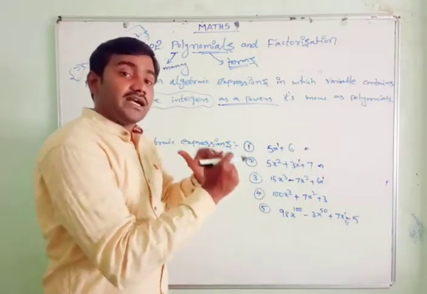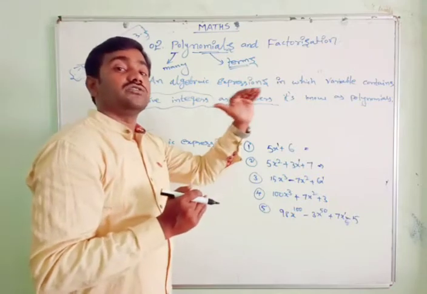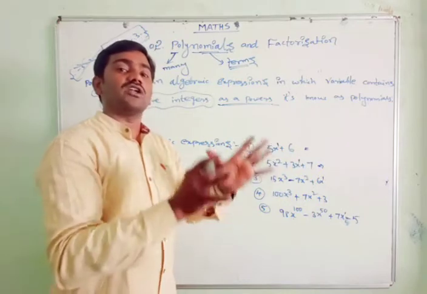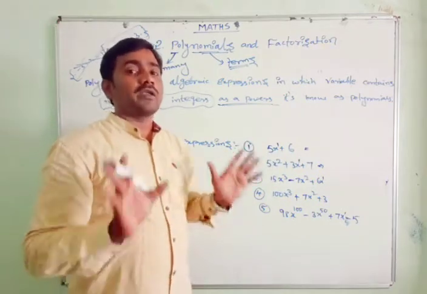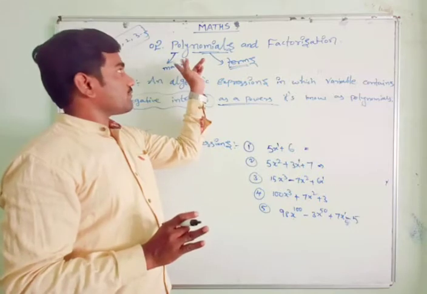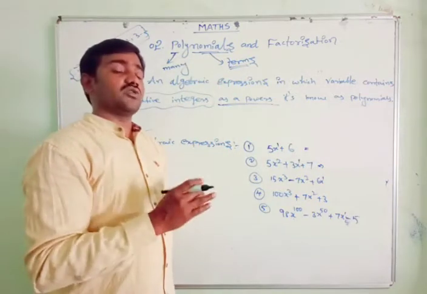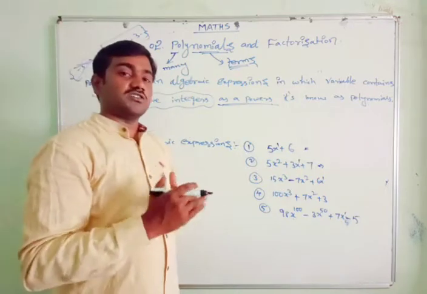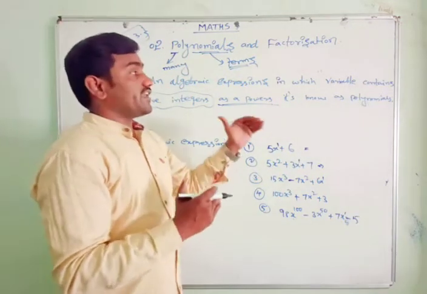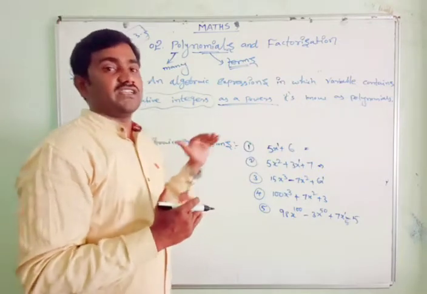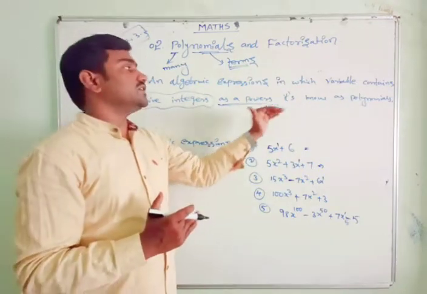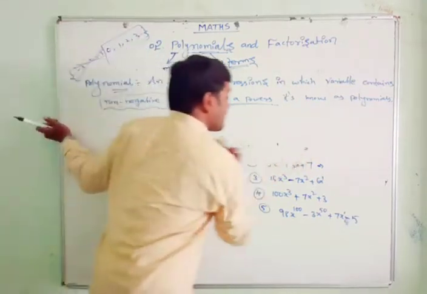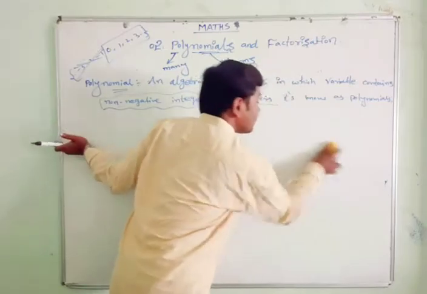If that variable contains non-negative integers as powers, they are known as polynomials, or else they are not. Poly is many, nomial is terms; an expression which contains many terms is known as a polynomial. But the mathematical definition is: an algebraic expression in which the variables contain non-negative integers as powers is known as a polynomial. So let me write some polynomials here.